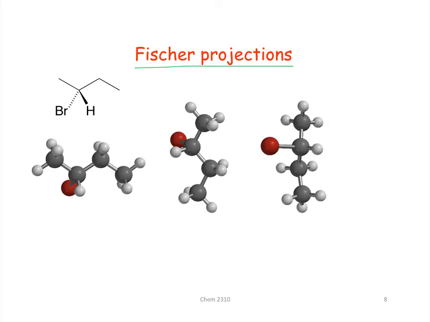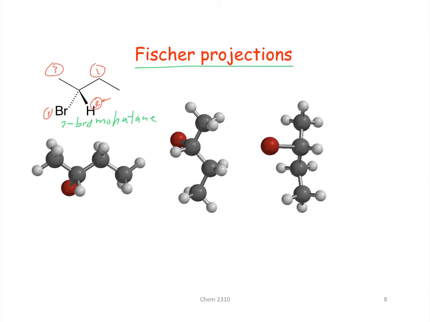Okay, so here's our molecule. We have this as 2-bromobutane. Okay, it has a chiral center. What's the chirality of that center? All right, if we're going to rank them, it would be 1, 2, 3, 4. Right, 4 is in front.